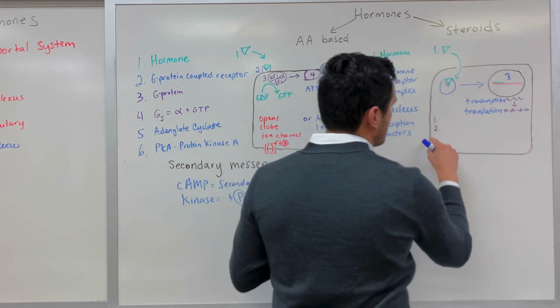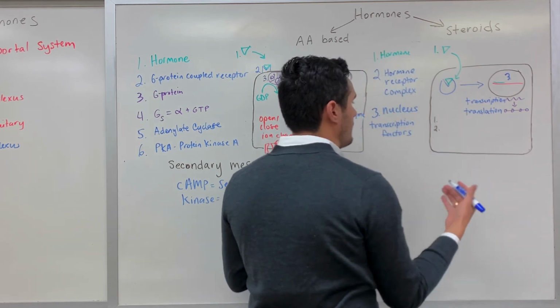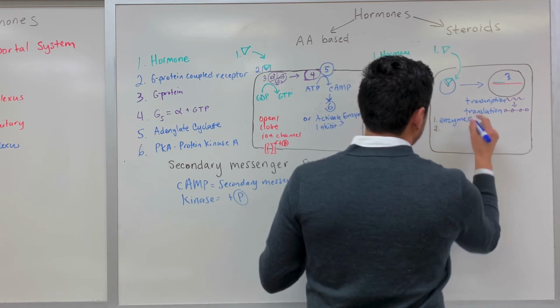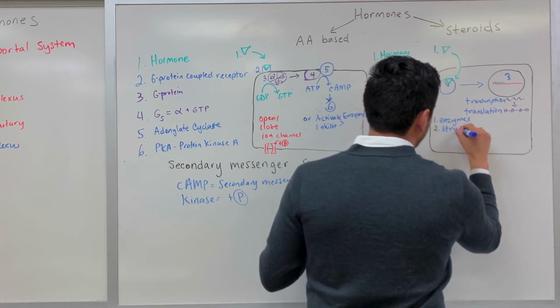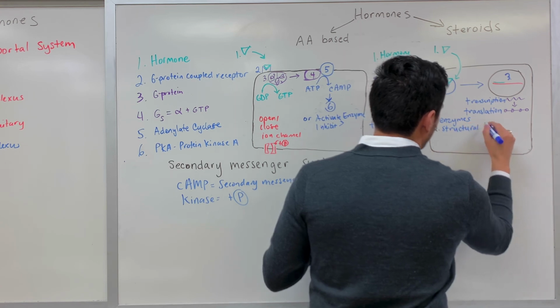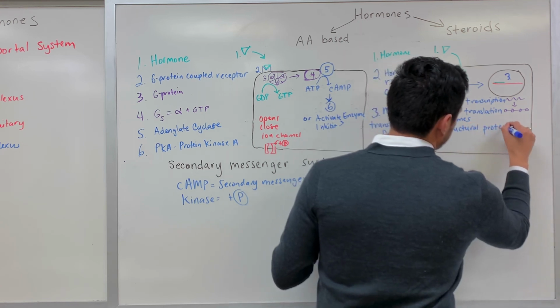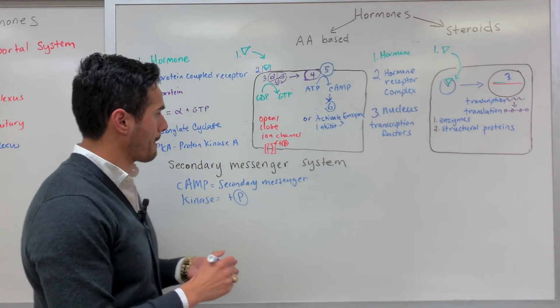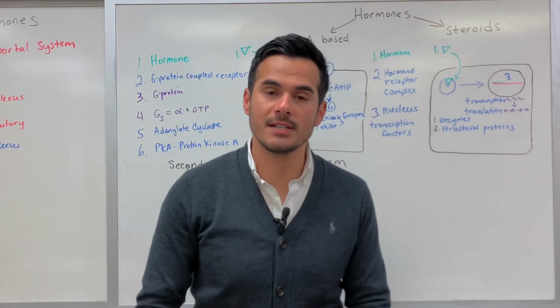The different types of proteins that we can make are either enzymes, or we can also make structural proteins. All right, so that's going to do it for this lecture.